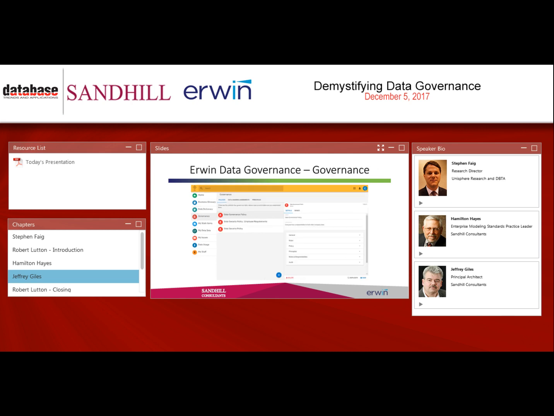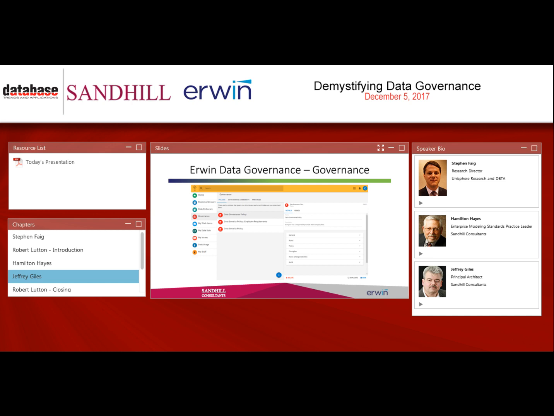So this is the governance part. So the previous two slides, the one that showed the business term, which was business people interacting with a business artifact, like a business term. The other one was the data dictionary. So that's technical people interacting with technical definition of data. This is the governance process.